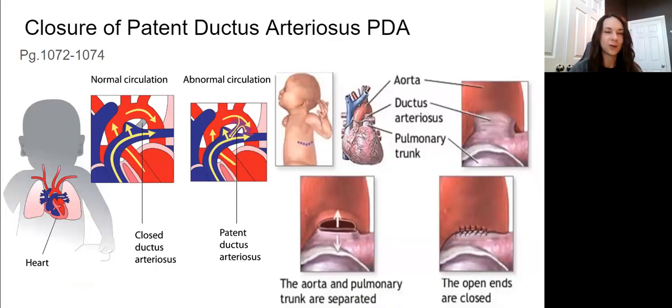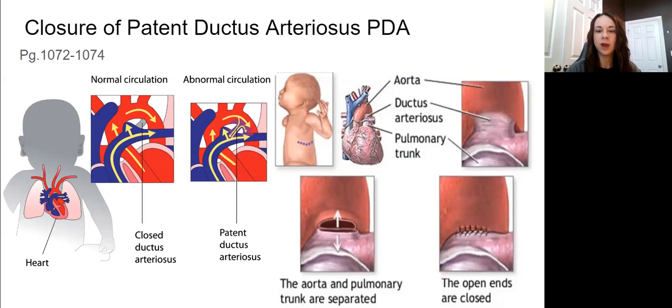Okay, that brings me to closure of patent ductus arteriosus, or PDA. So not talking about the PDA that you shouldn't be doing in public, of course. This is something different. So if you Google it, you might want to spell it out. So these pictures show you where the abnormality is going to appear and how it affects the blood flow of the heart.